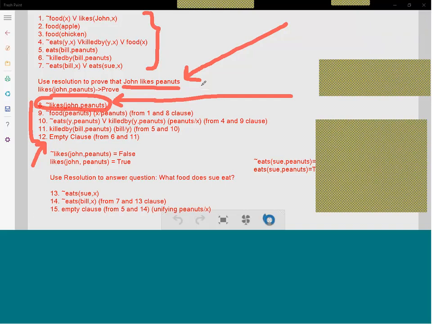I am repeating the same thing. Whenever we convert our question into predicate logic, we can say that this is backward chaining, because you are starting from the question.